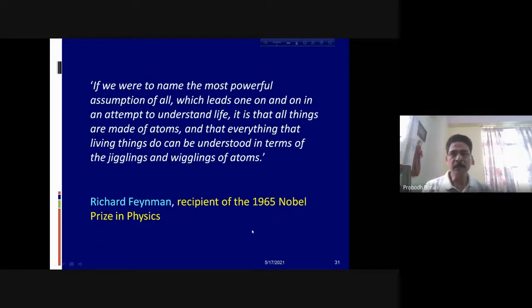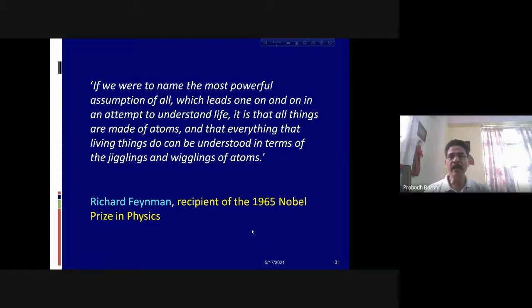So in 1965, a Nobel Prize in Physics was won by a scientist known as Richard Feynman, who said, if we were to name the most powerful assumption of all, which leads one on and on in an attempt to understand life, it is that all things are made of atoms and that everything that living things do can be understood in terms of the jigglings and wigglings of atoms.